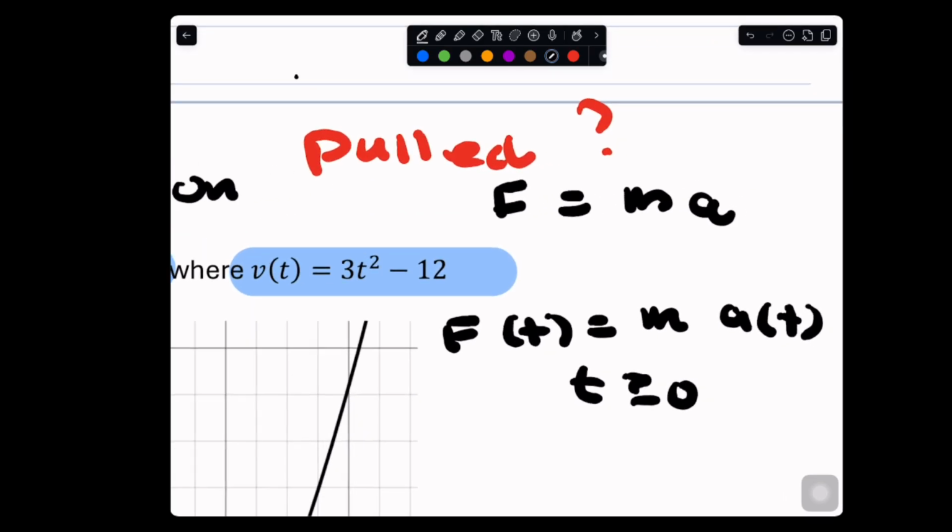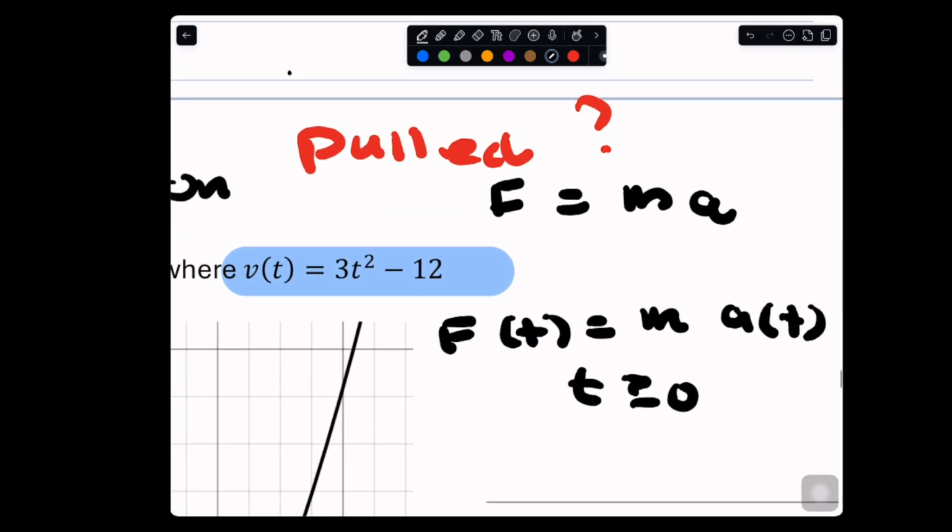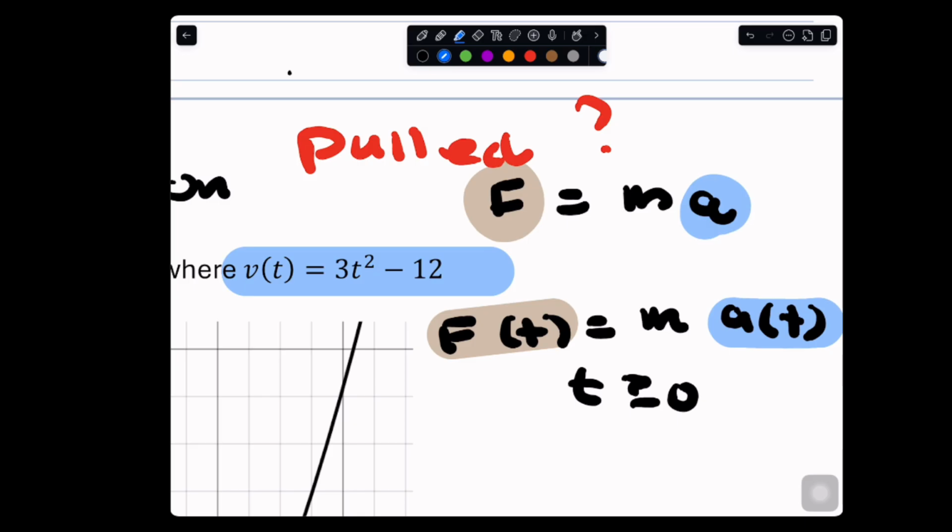So if you recall, a force is a push or a pull. Okay? And it's based on that acceleration function that we just found, because mass is like a constant, okay? It's a number. Doesn't vary with time. Acceleration does. So when you think of acceleration, it's really about this force equation. There's a pull or a push in a particular direction.